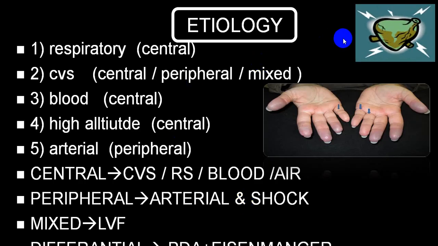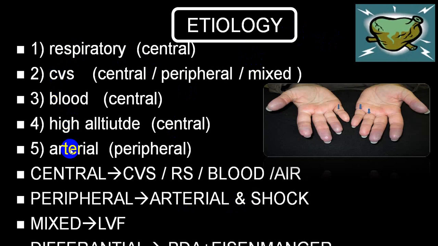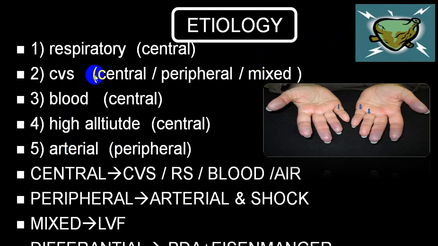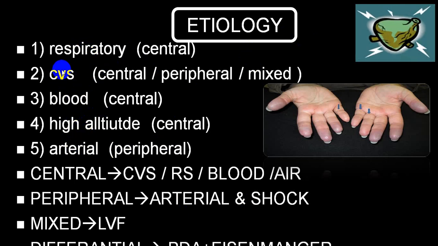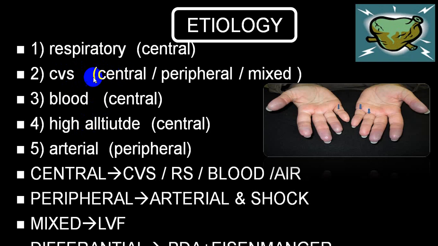If we go through our etiology, we can divide into respiratory conditions, cardiovascular, blood, high altitude, and peripheral arterial disorders. Peripheral artery disease will produce purely peripheral cyanosis, while respiratory, blood, and high altitude will be purely central, while cardiovascular can have central as well as mixed variety.